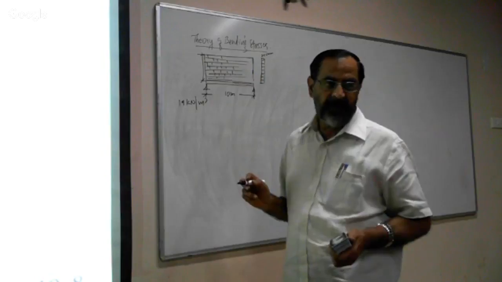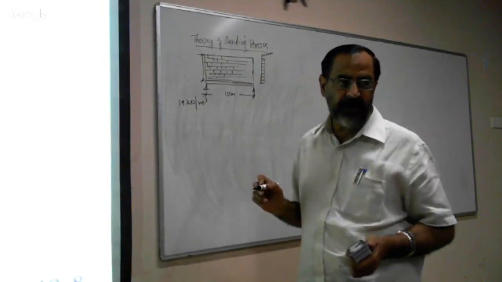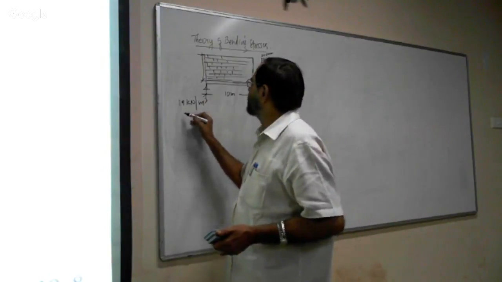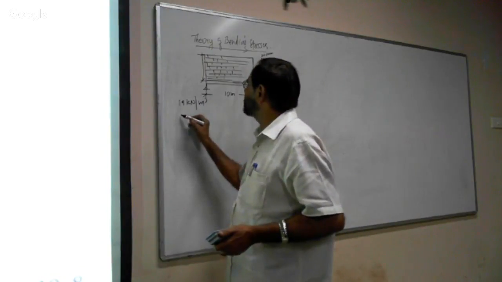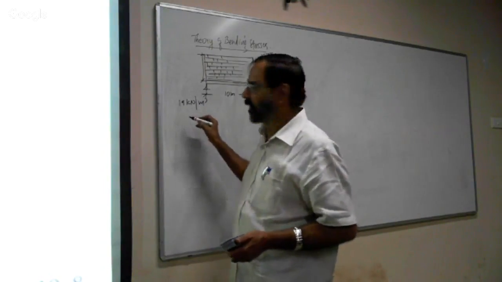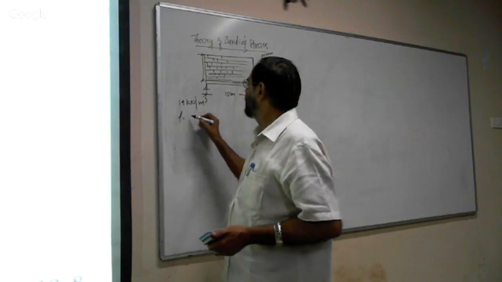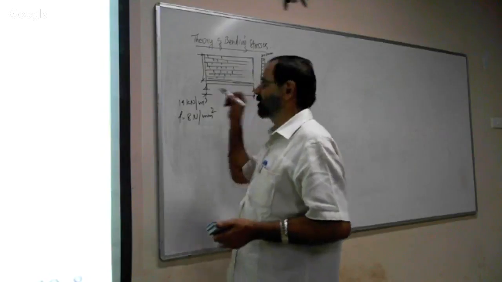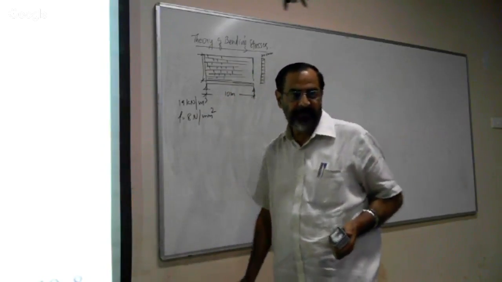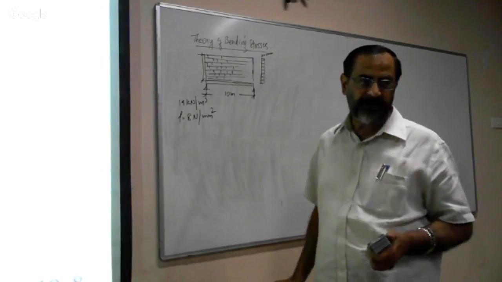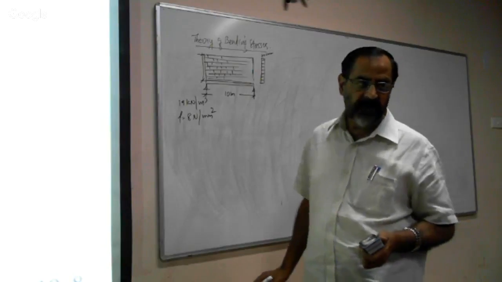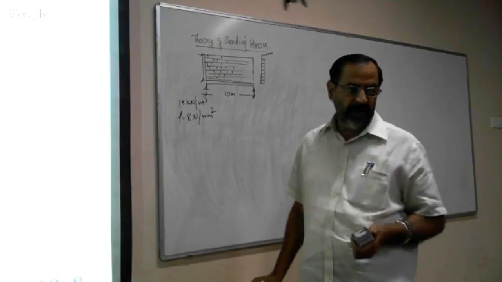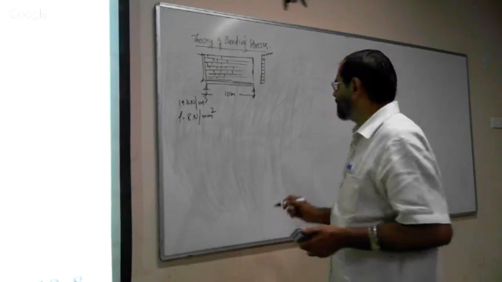And the permissible stress in timber is 8 newtons per millimeter square. Design a suitable section of the joist in such a way that the depth of the joist is twice its width.